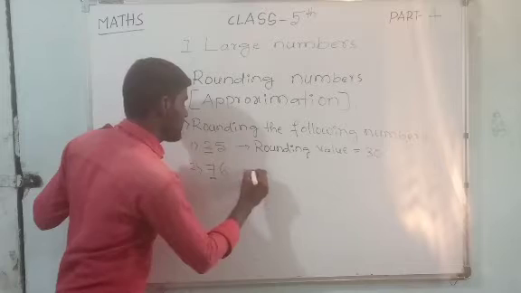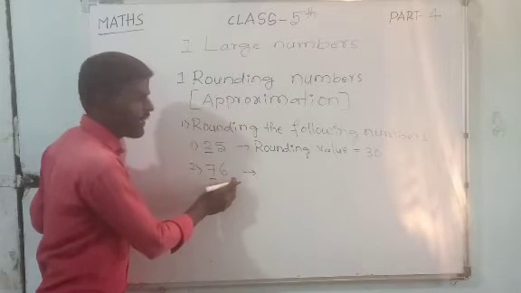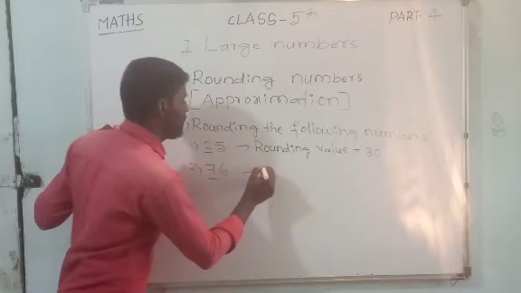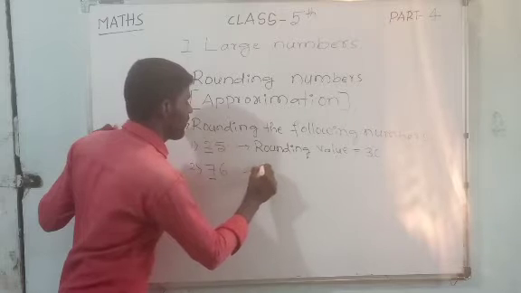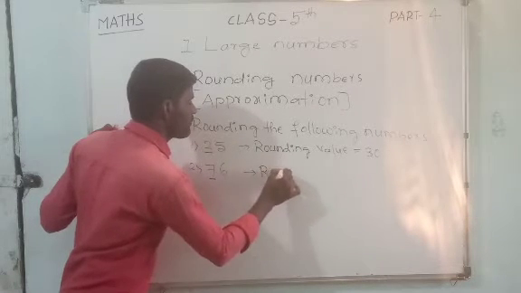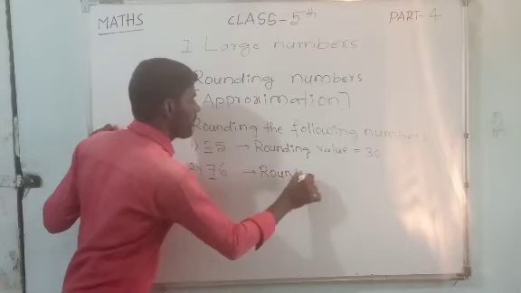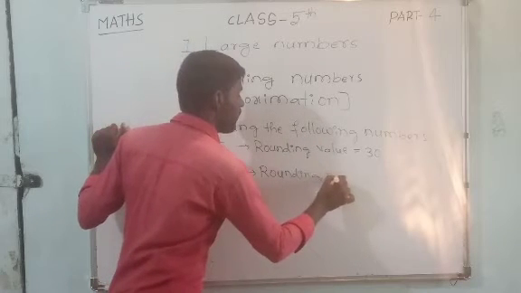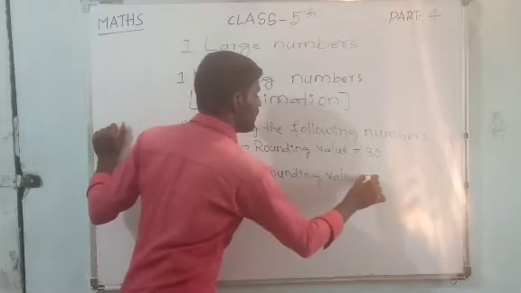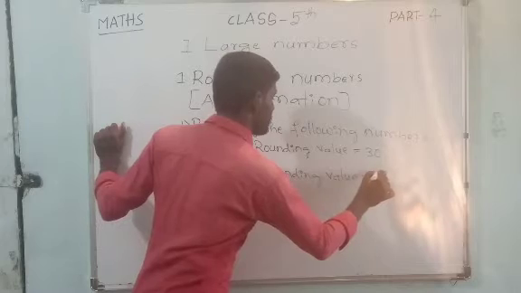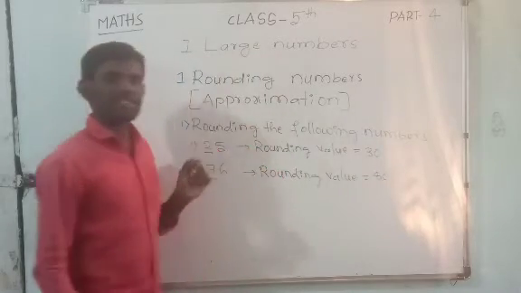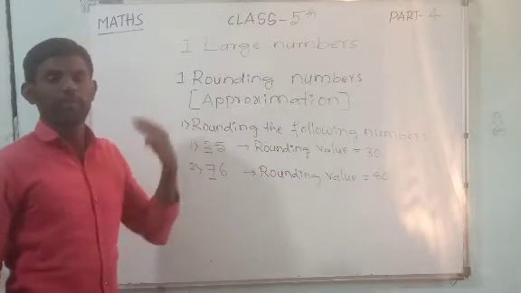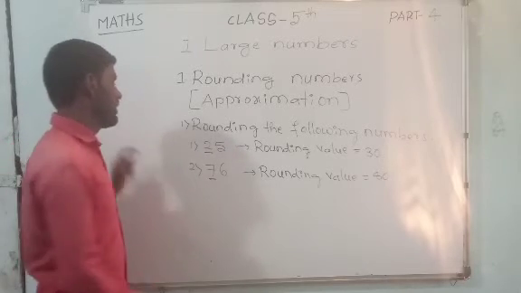Now this is 6, which is more than 5. That's why increase one value in the 10th place. That will become the rounding value, that is 80. 76 is approximately nearest to 80.